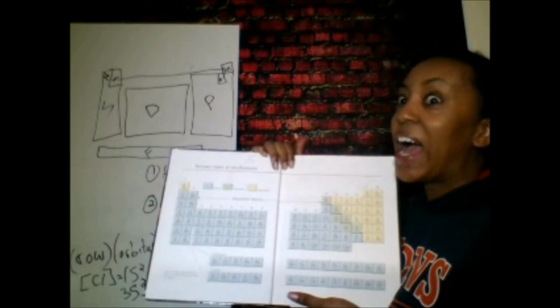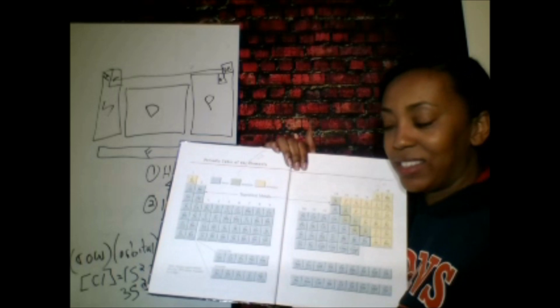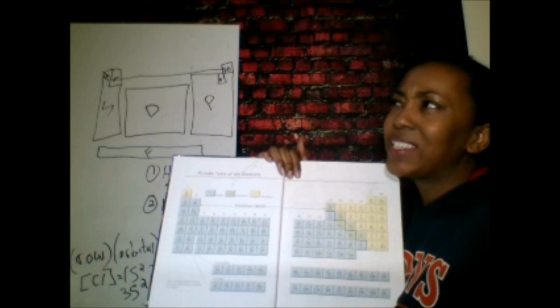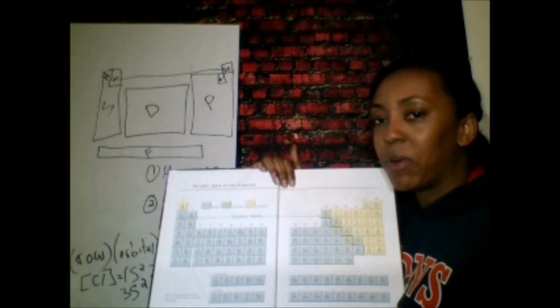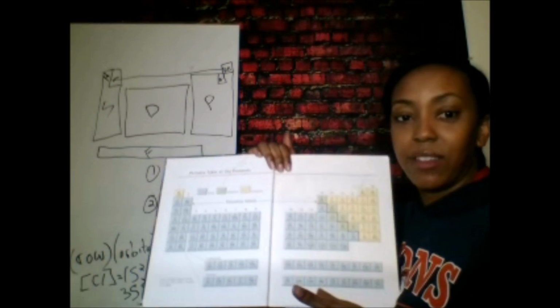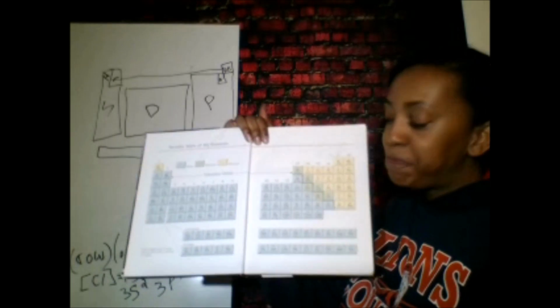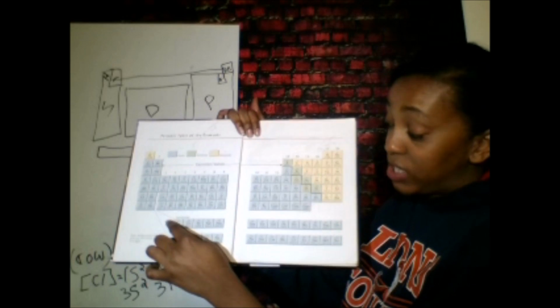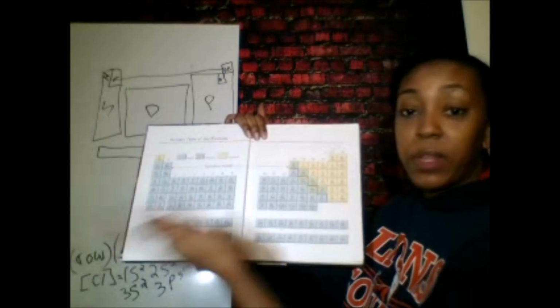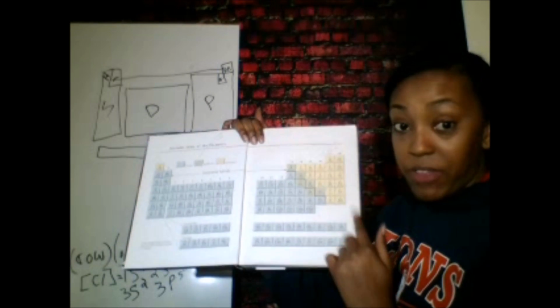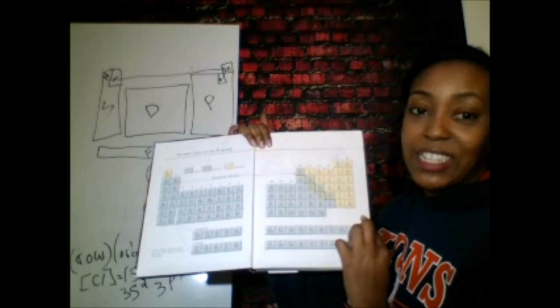Now, let's say you forgot the maximum number of electrons in f, because it's kind of easy to forget that one since you really don't use it that often. All you got to do is stick with one row, go from the left to the right, and count how many are there. Spoiler alert, it's 14.